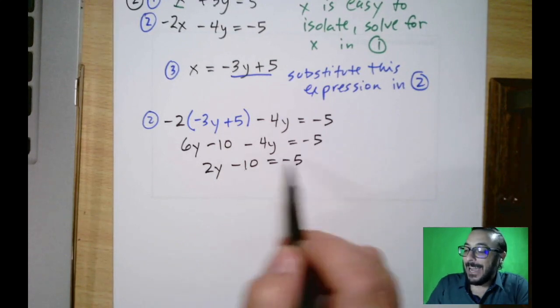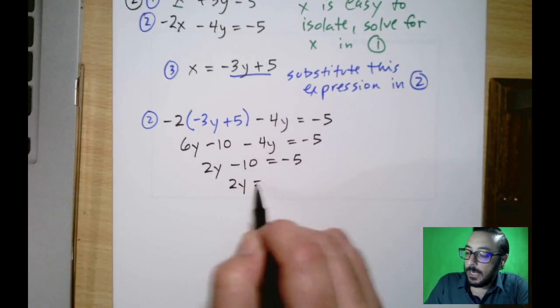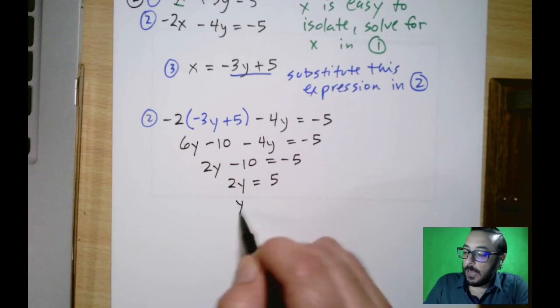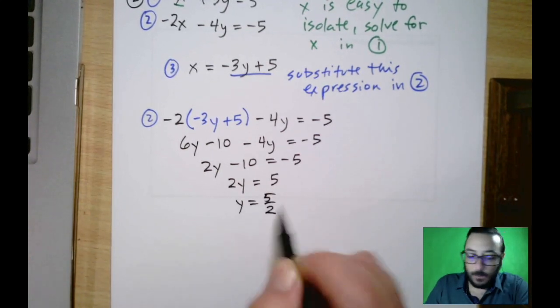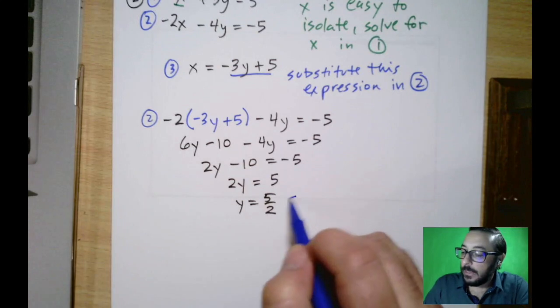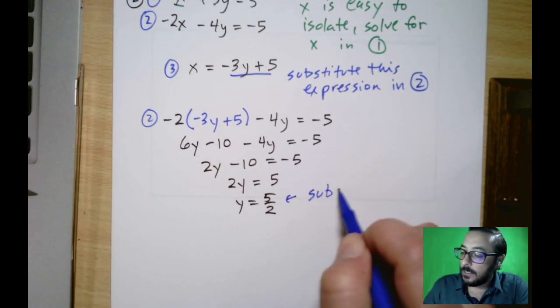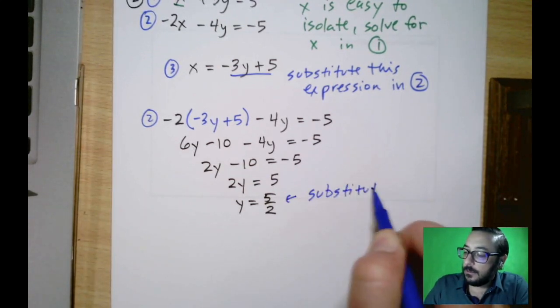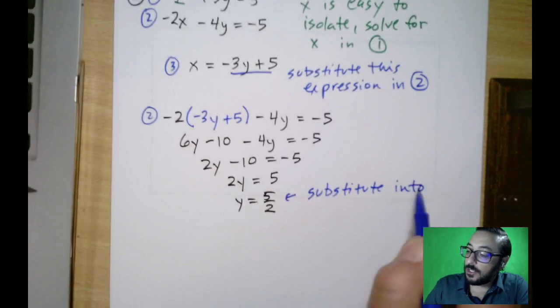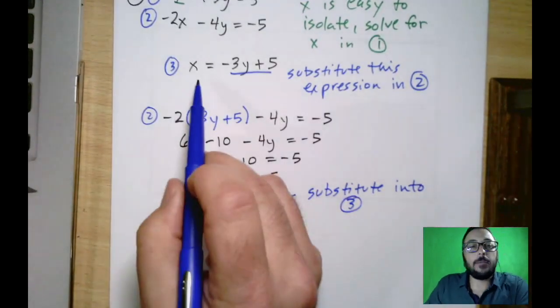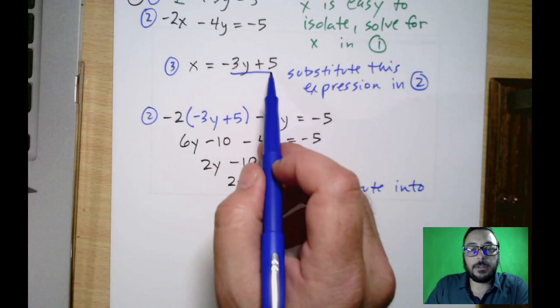And then when I add 10, I'm going to get 2y equals 5 and divide by 2, so y equals 5 over 2. And then now we're going to substitute this into equation 3, again, because we've already solved for x here, so that makes it the easiest.